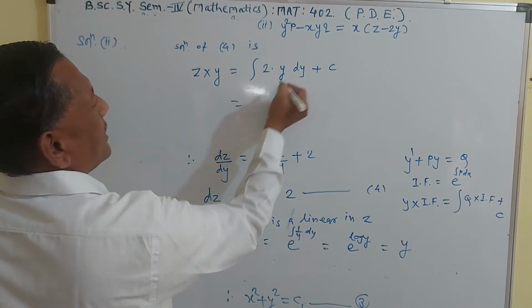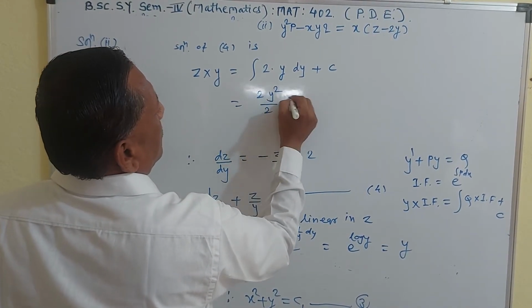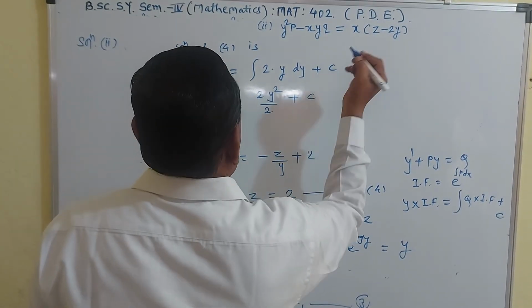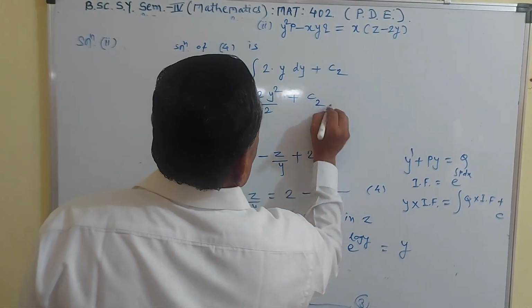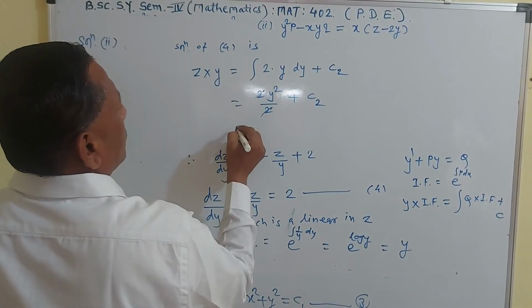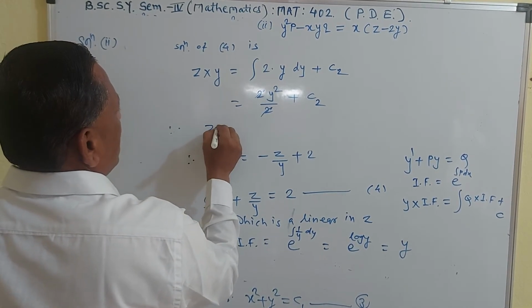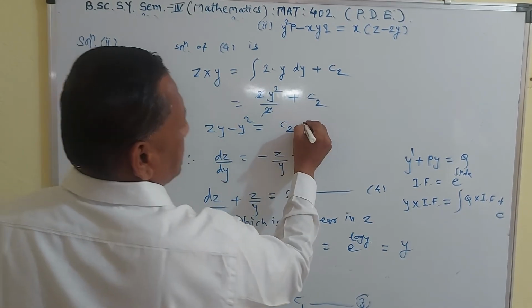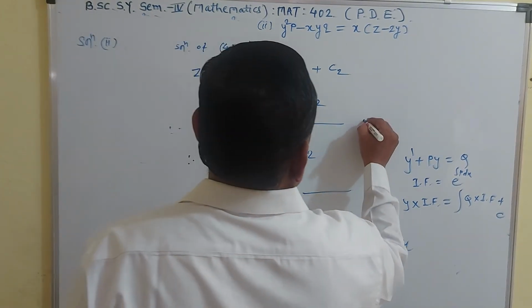So zy = 2·y²/2 + c2, and the 2 cancels. Therefore zy − y² = c2, number 5.